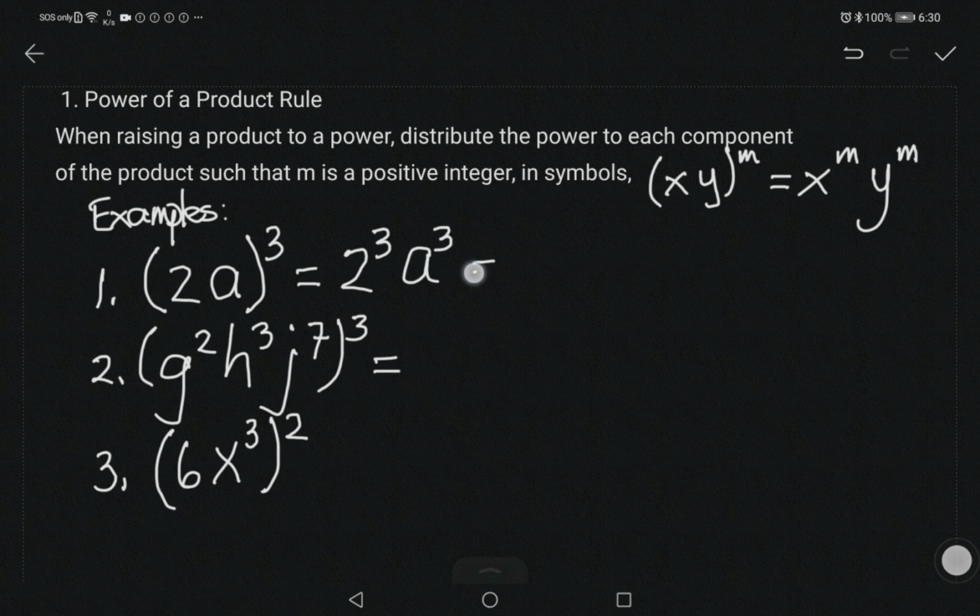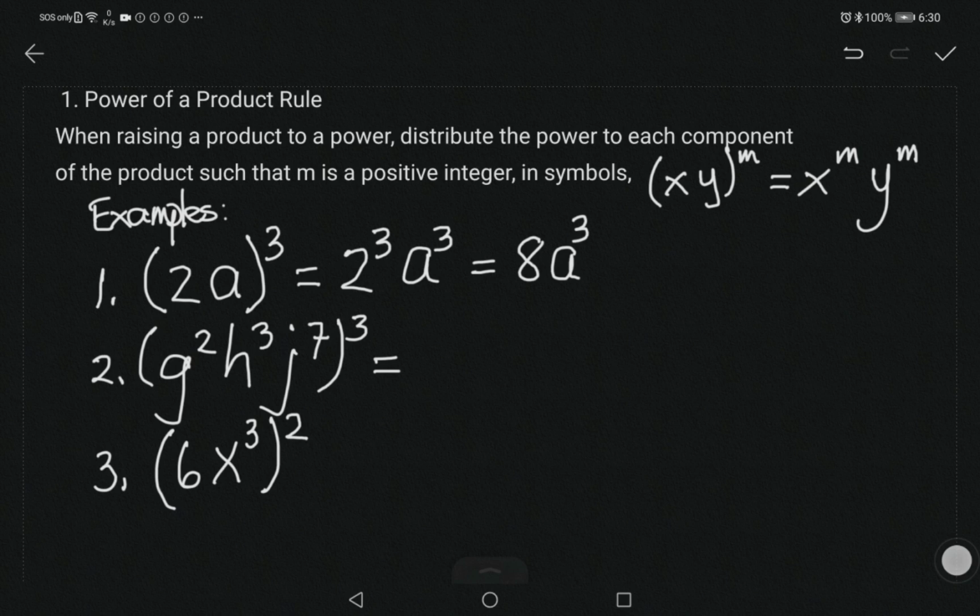This is equal to 2 cubed is 8, and copy a cubed.